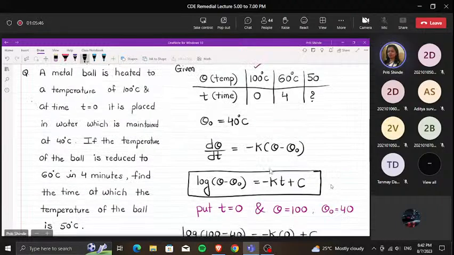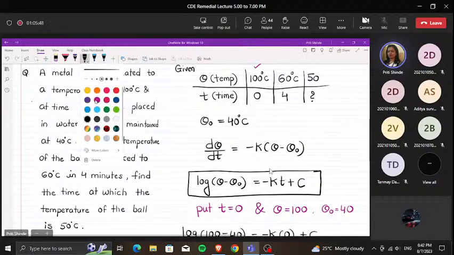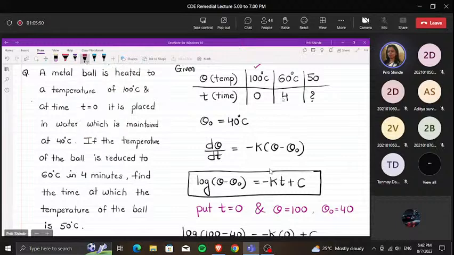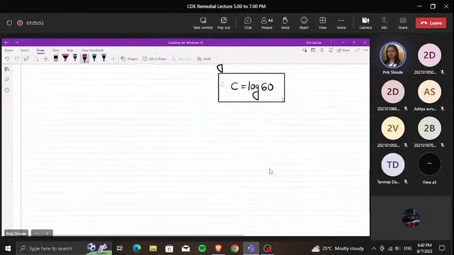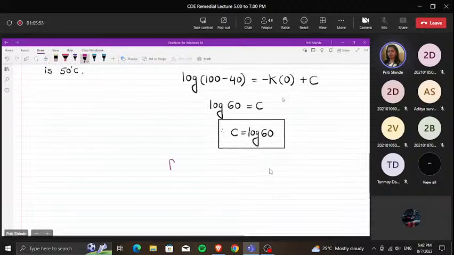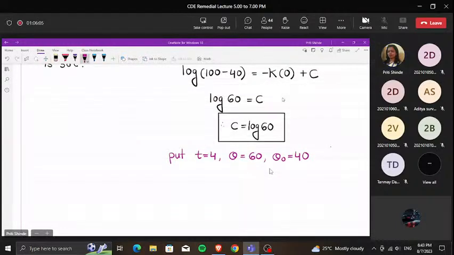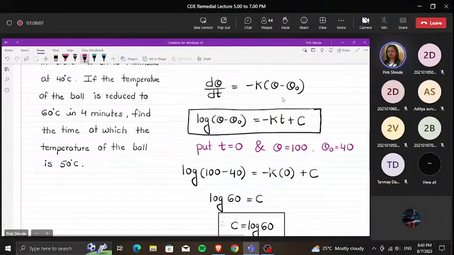Now use your second condition. What is the second condition? t is equal to 4, theta is equal to 60. So put t equal to 4, theta equal to 60, and theta 0 equal to 40 in the same equation.